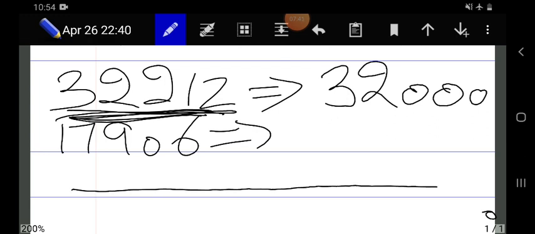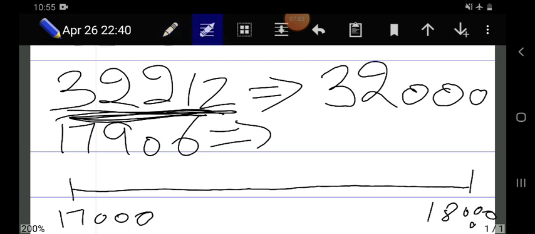Now moving to the next, 17,906. It lies between 17,000 and 18,000. The midpoint is 17,500.